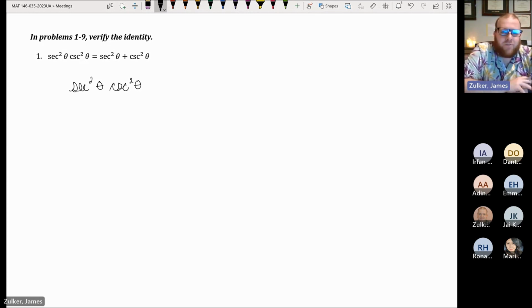I generally work left to right, so I'm going to start with the left-hand side and work my way to the right-hand side. So when in doubt, write everything in terms of sines and cosines.